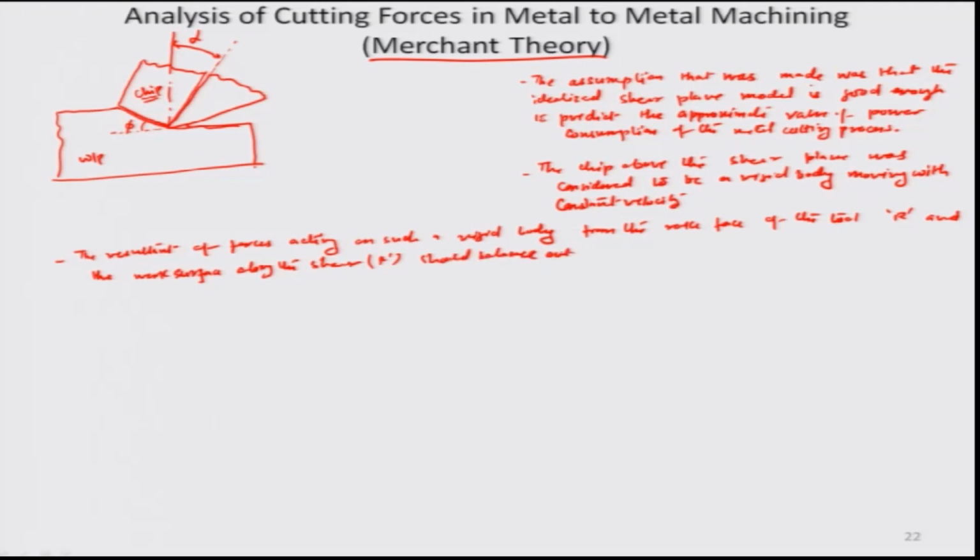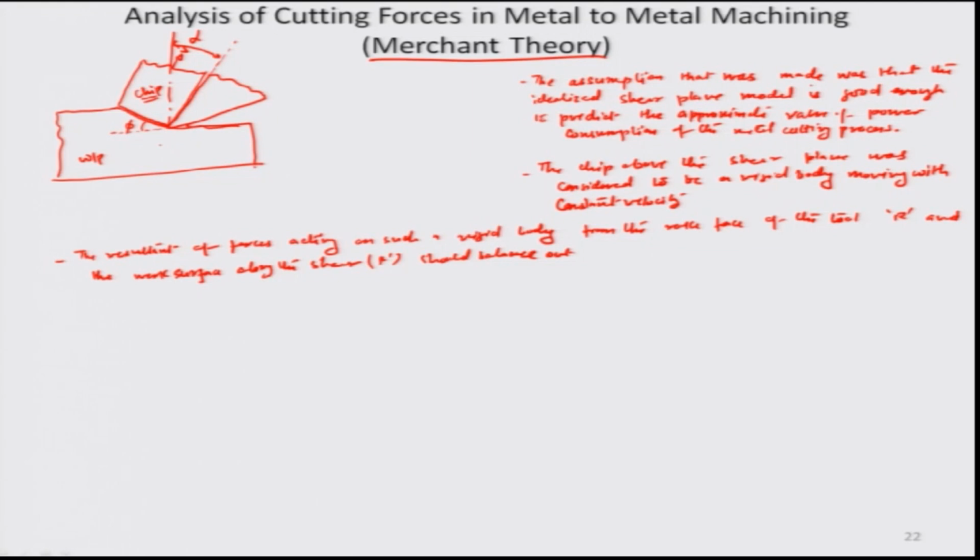Only if there is a force balance can it be treated as a rigid body, and basically we are also talking about a constant velocity case. That means the chip velocity v is treated to be invariable with time, so there should not be any acceleration component involved and the forces should be in equilibrium with respect to each other. Also, we assume the cut velocity in this case to be constant.